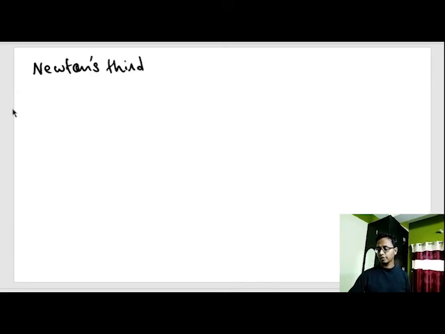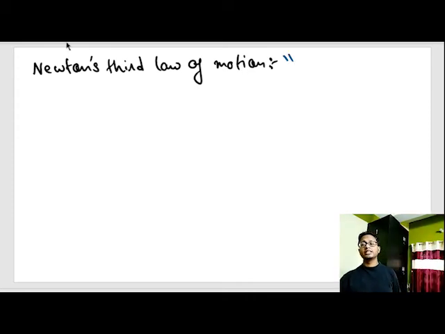Now we learn something about Newton's third law of motion. What is Newton's third law of motion? Let's see the definition as given in NCERT. The definition as given in NCERT is: to every action there is always an equal and opposite reaction.